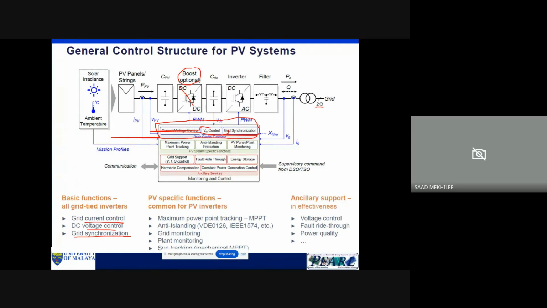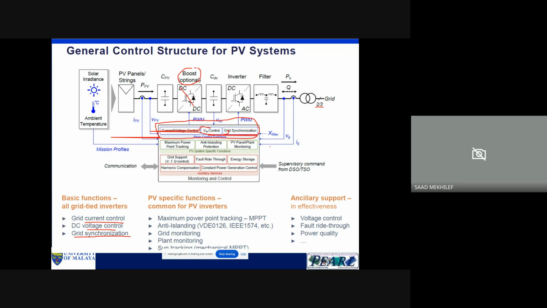This is very important for all inverters, because sometimes in order to protect our PV systems, we need to disconnect from the grid if there is a fault, because the grid is too big.